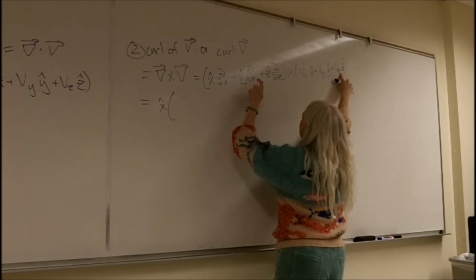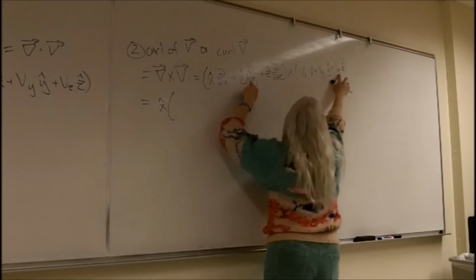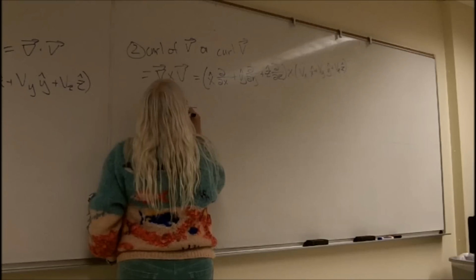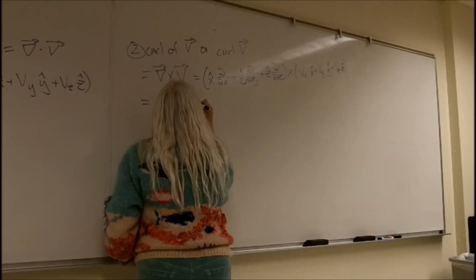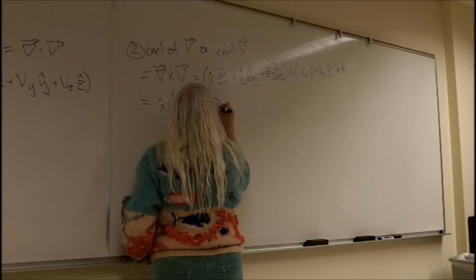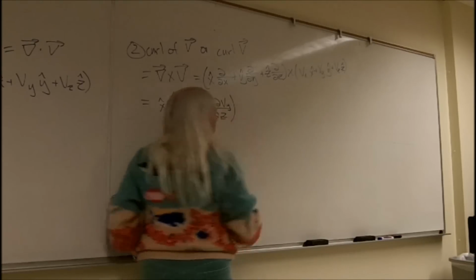So now, since this is not an ordinary vector but a differential operator, that's going to operate on this. So that's going to give us a partial derivative with respect to y of v sub z, and then we'll get another term that involves a partial derivative with respect to z of v sub y.